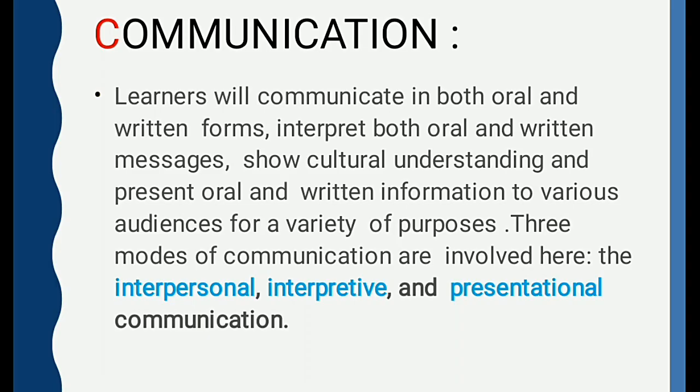The goal area of communication includes 3 standards that represent the 3 modes of communication, which are interpersonal, interpretive, and presentational communication. The first standard requires the use of the 4 skills: listening and reading to understand the message, and speaking and writing to provide a response.